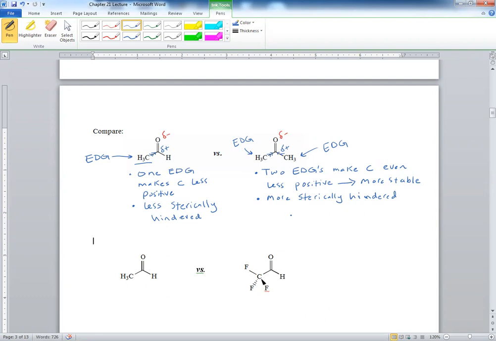And what do you think? If it's more stable and more sterically hindered, do you think the attack is more favored or less favored? The attack will be less favored.